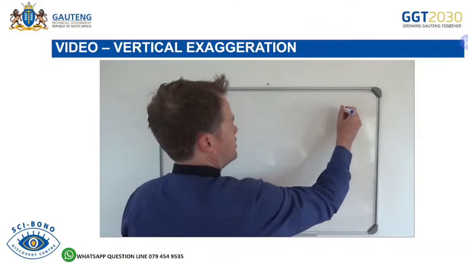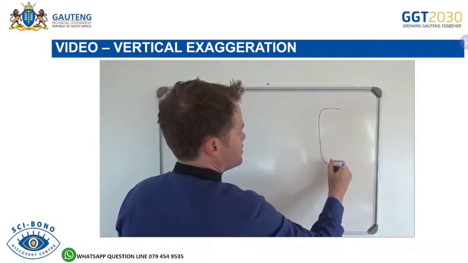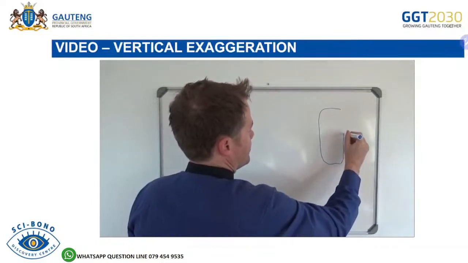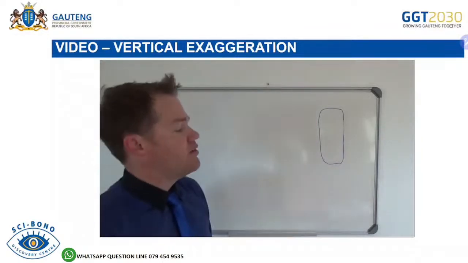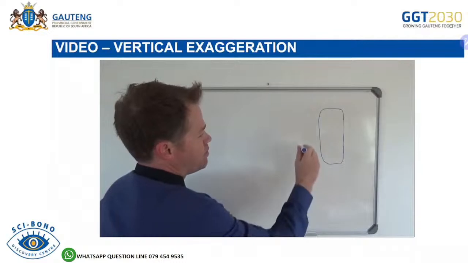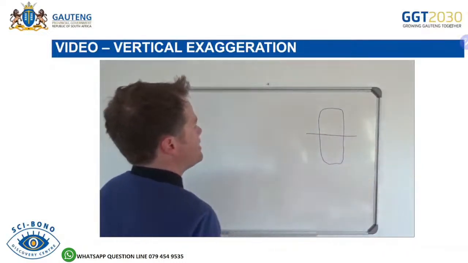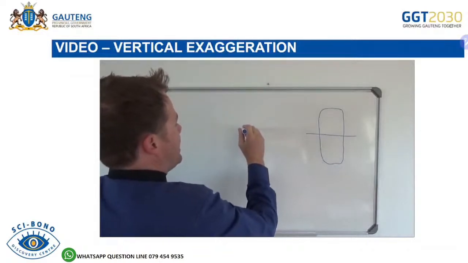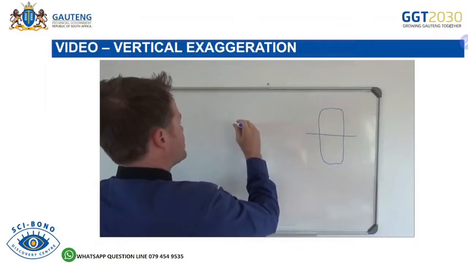Let's say you have a loaf of bread and you look at this loaf of bread right from the top. Okay, my artistic skills are not really that great, but let's say this is what your loaf of bread looks like when you look at it from the top. Now it's possible to cut this piece of bread in half. And then what you would see is what it looks like from the side, and this is what we call a cross section.